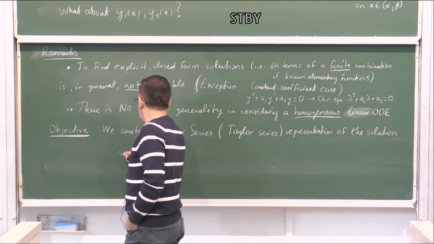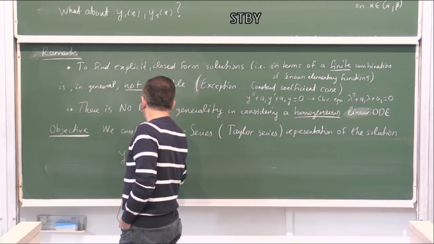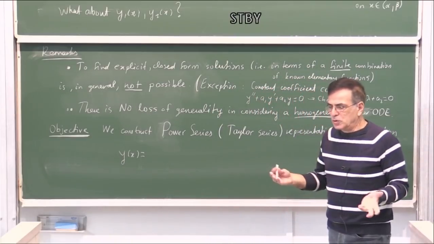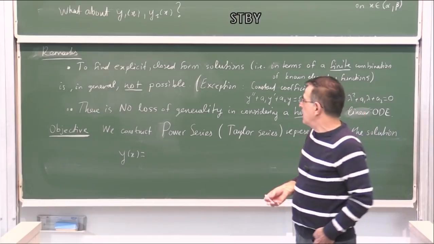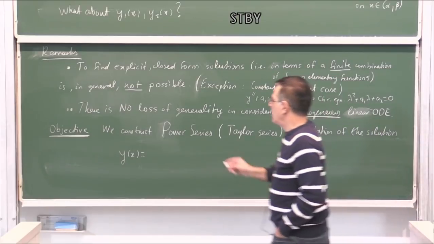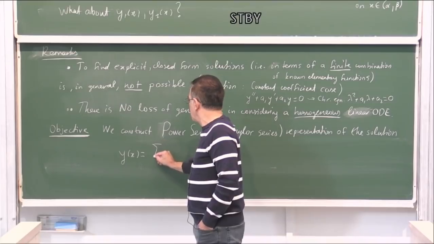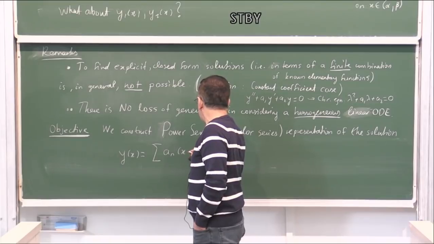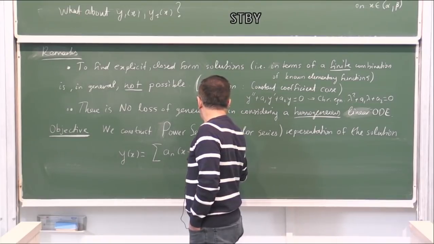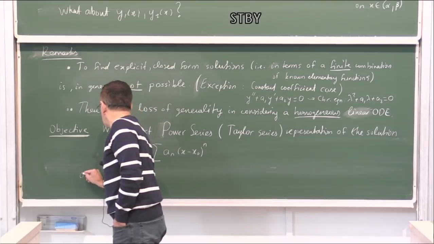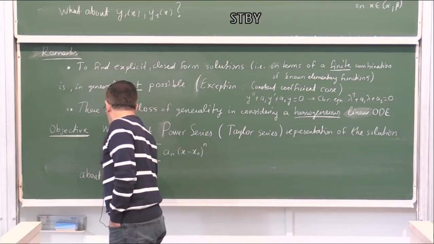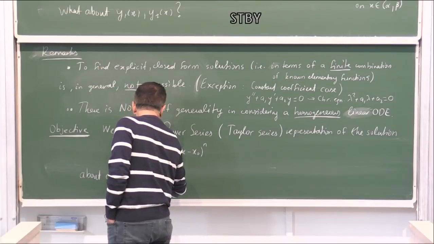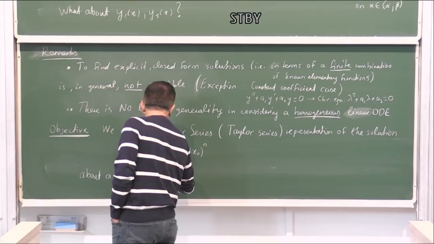Yes, that is because both y1 and y2, two solutions, are not expressible in closed form, we try to find their Taylor series expansion about a point x equal to x0.